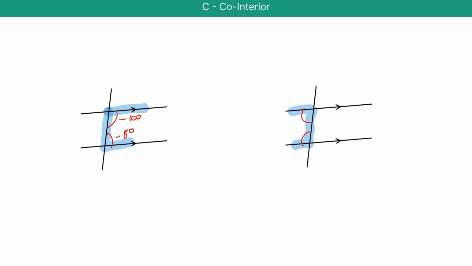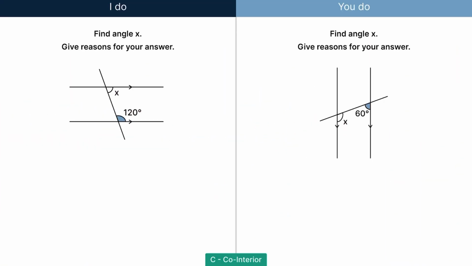So if I head back over to my slides, again, here we've been asked to find angle X, and you can spot the C shape there. So we can say that X is equal to, in fact, let me just use my usual color. I don't normally use blue. So X is equal to 180 take away 120, which is equal to 60 degrees.